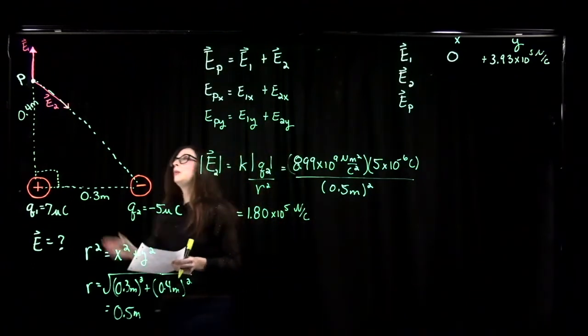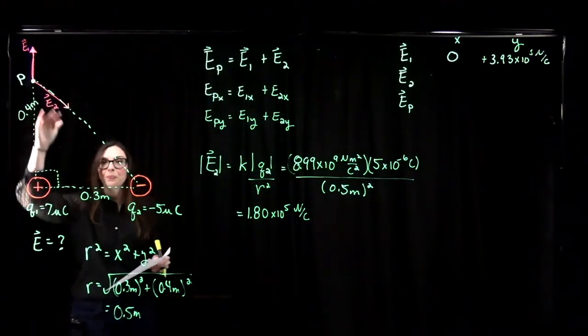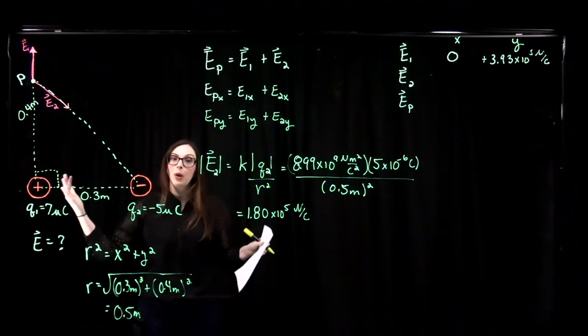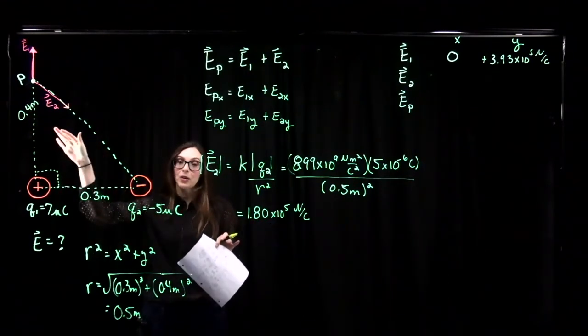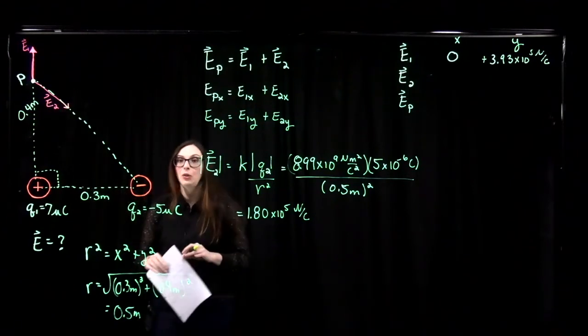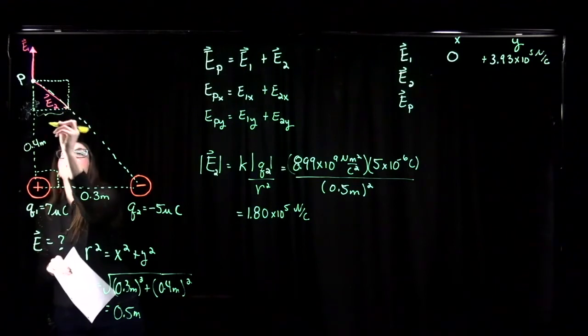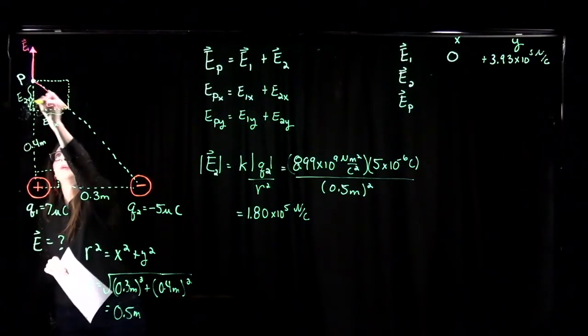Remember when we drew our E2 vector here, it has both an x component and a y component. We have to get the x component and the y component of this vector E2. So this is E2x, and this is E2y.